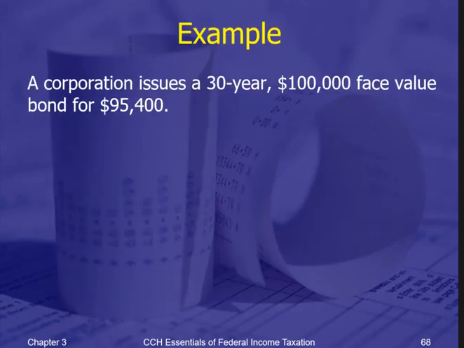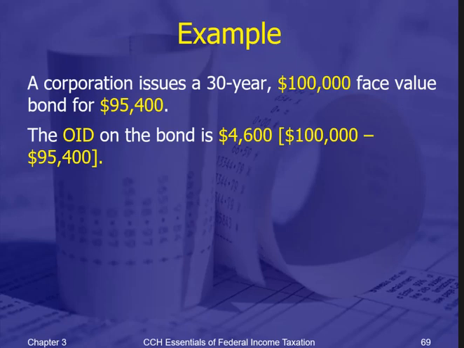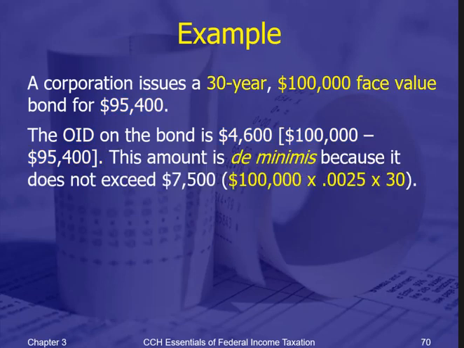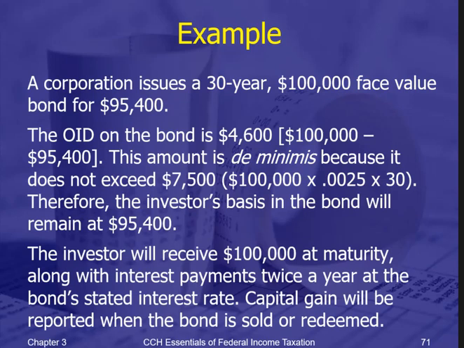So you get a $100,000 face value bond for $95,400. The OID is then the difference between the two, original issue discount. That's de minimis because it's less than $7,500. This formula tells us how to calculate the de minimis amount.